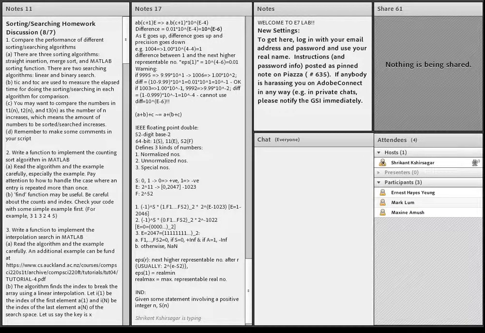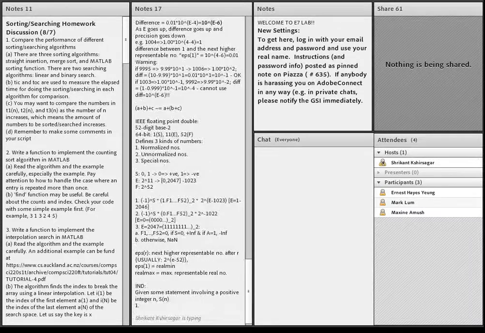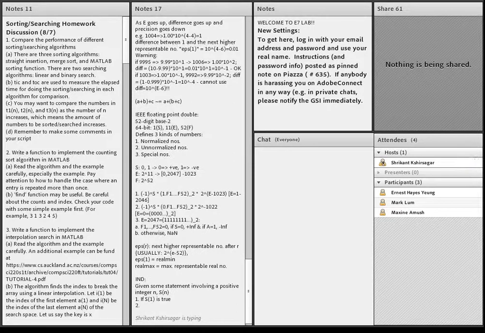The way you apply induction is in two parts. The first one is you verify if S of 1 is true, and secondly you verify that if S of k is true, then S of k plus 1 must be true.